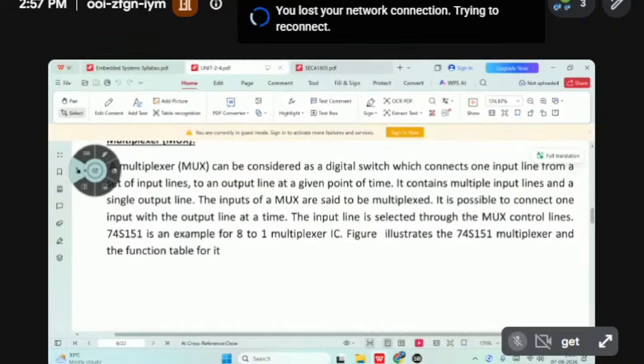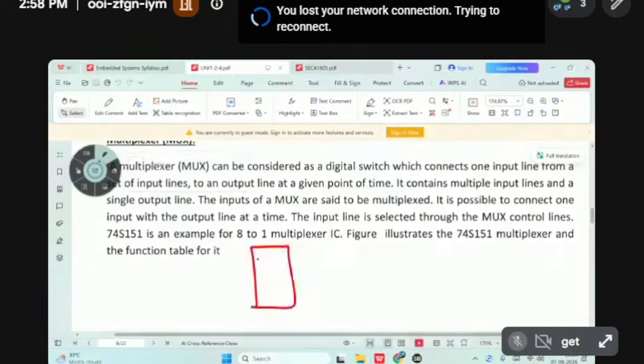Suppose I would like to give one example. Suppose we have 8 connections and one output. Then I would denote it as 8 to 1 mux.